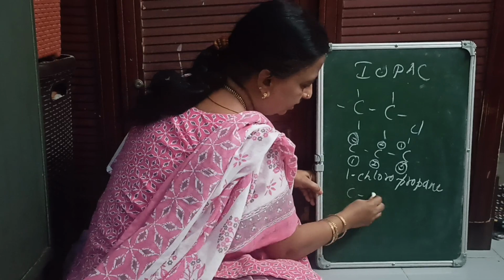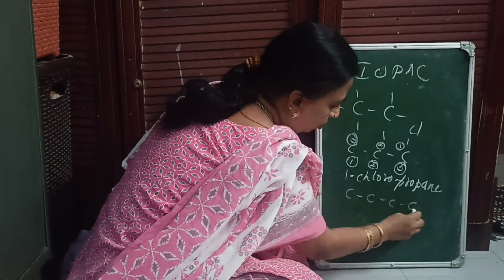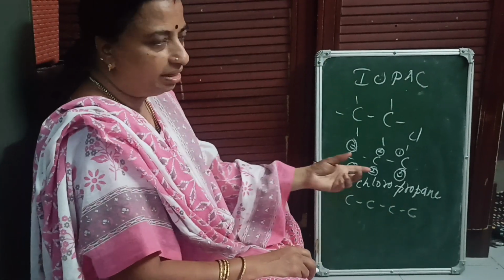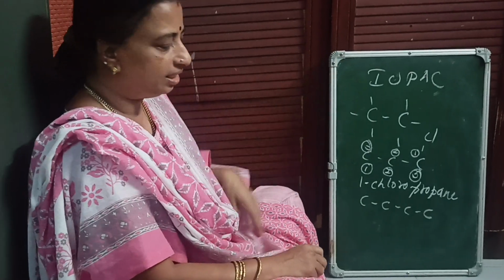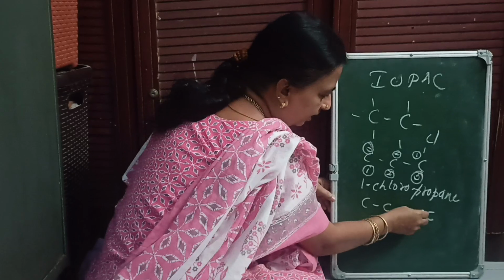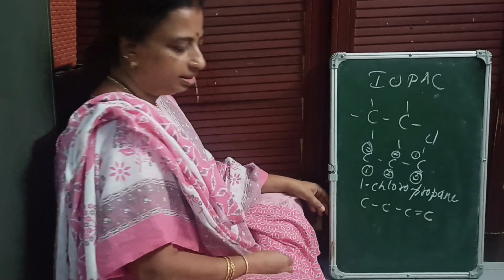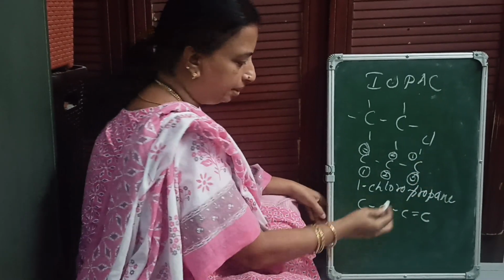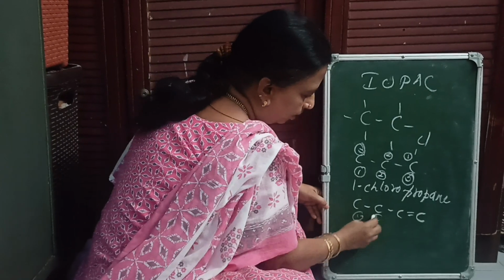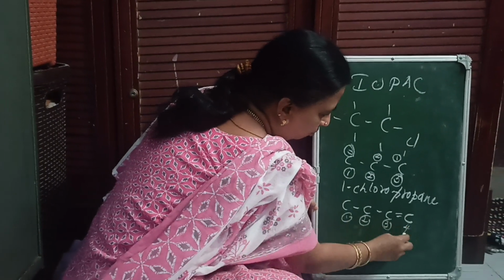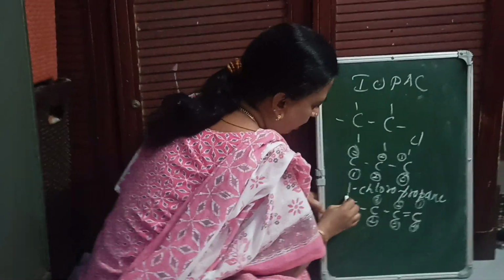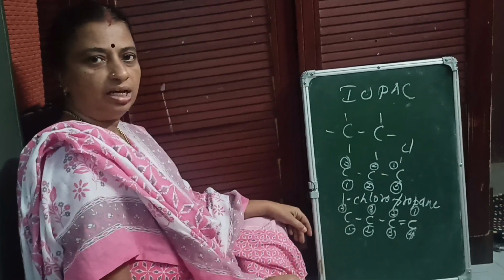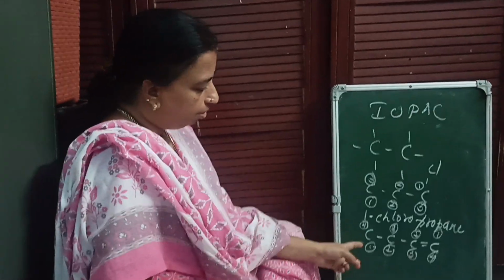Suppose we say 4 carbon atoms, how will they give the name? They will count the number of carbon atoms. Butane first they will say. Suppose there is a double bond, again we have to ask them numbering. They will write 1, 2, 3, 4, and from the other side also 1, 2, 3, 4.